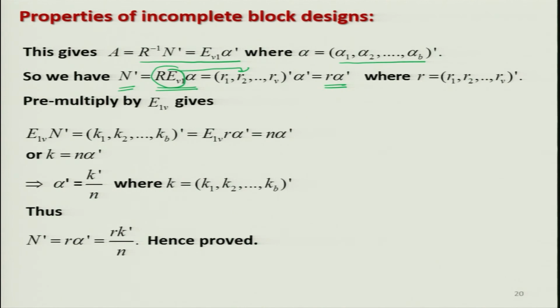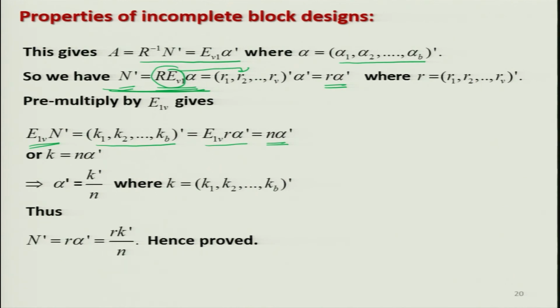And if you try to pre-multiply on both sides of this term by E1V, I can write down E1V N transpose is equal to K1, K2, ..., KB transpose, which is equal to E1V R alpha transpose, which is equal to simply N alpha transpose.